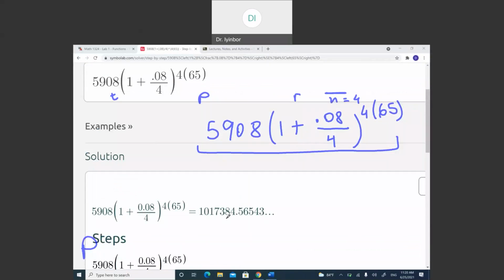The decimal point is here, we have 7 digits, so it's going to be $1,017,384. So the answer is yes, because you're going to have more than 1 million. They're not asking how much you're going to have. They're asking, are you going to become a millionaire or not? So the answer is yes.